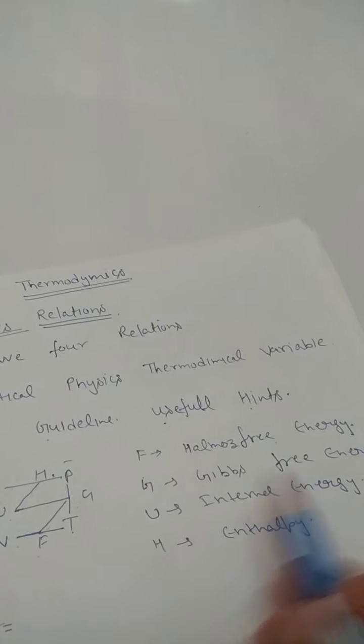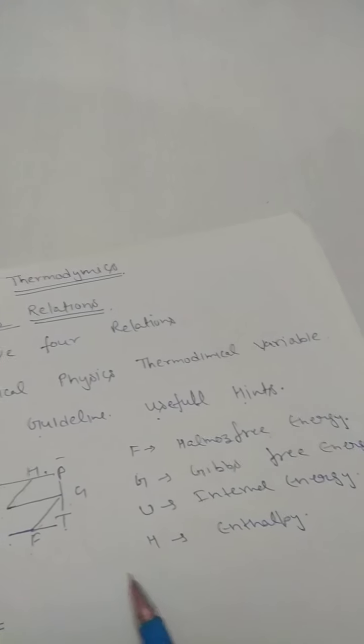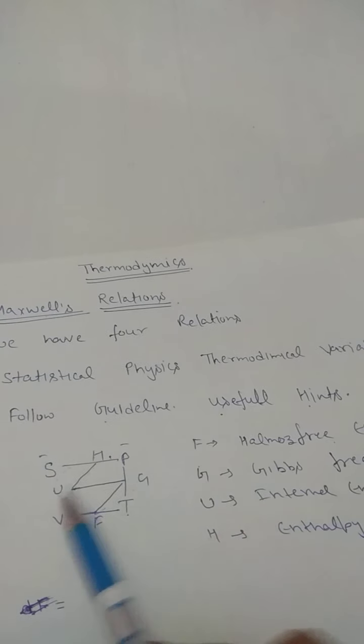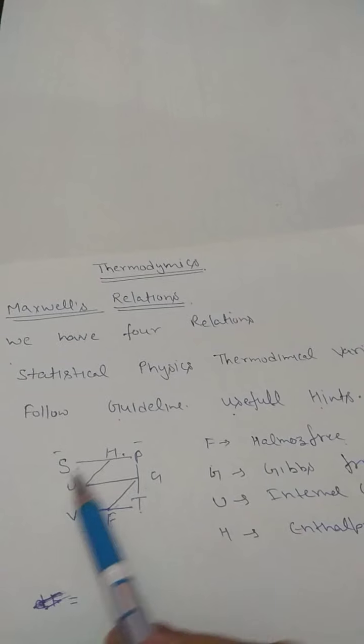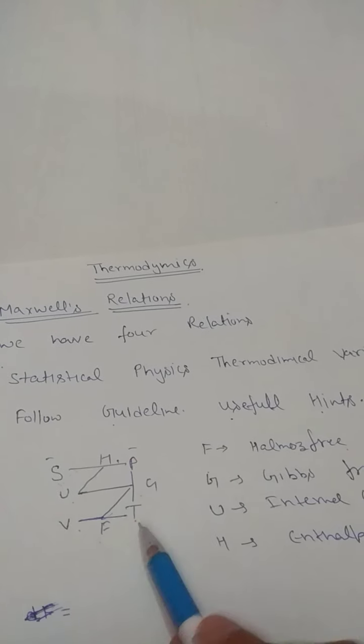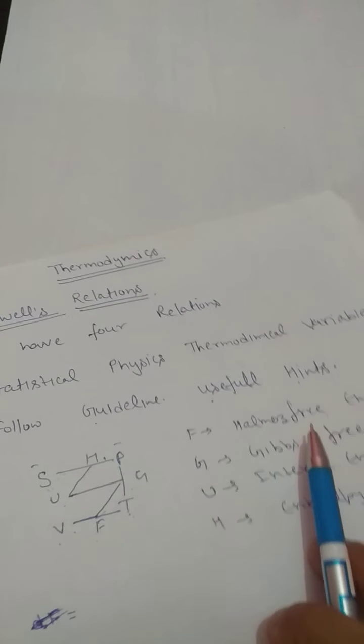F is Helmholtz energy, G is Gibbs free energy, U is internal energy, and H is enthalpy. S is entropy, P is pressure, T is temperature, and V is volume. That we know very well.